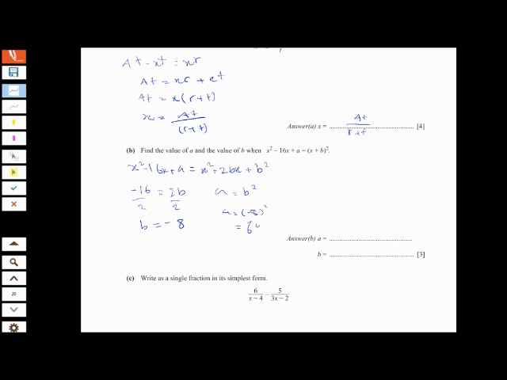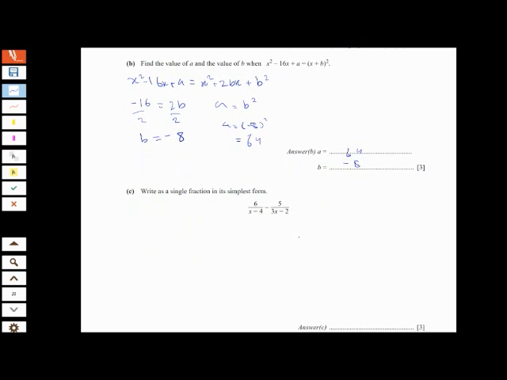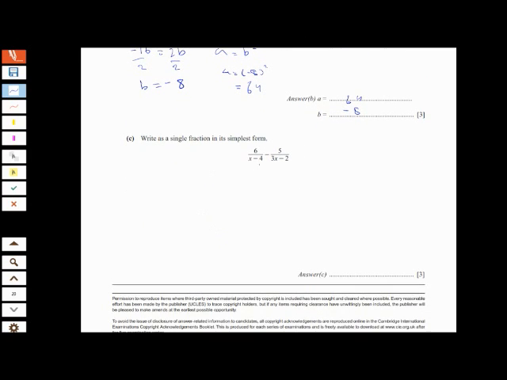And now for this one, write a single fraction in simplest form. All you have to do is multiply both denominators by each other, like so. And then here 6 multiplied by 3x minus 2, then minus 5 times x minus 4.